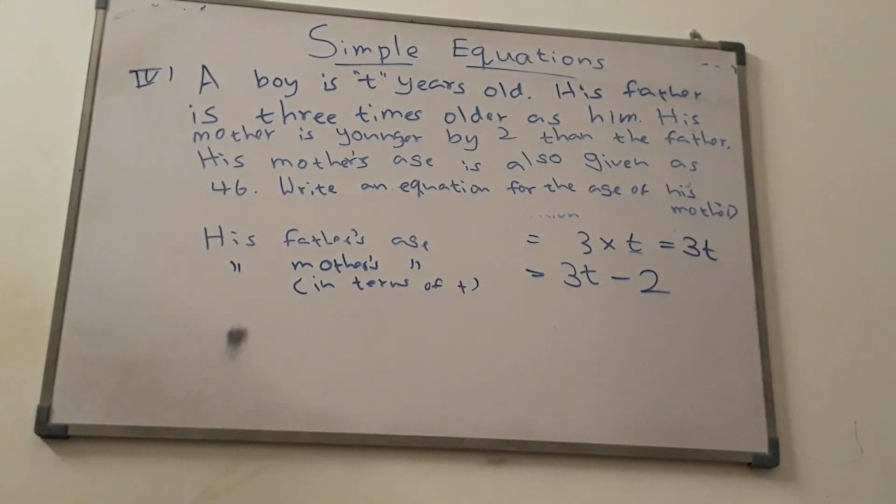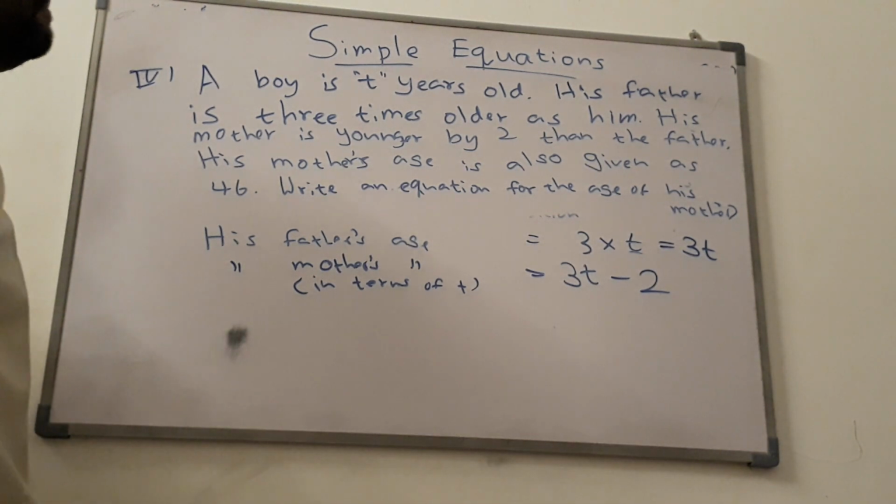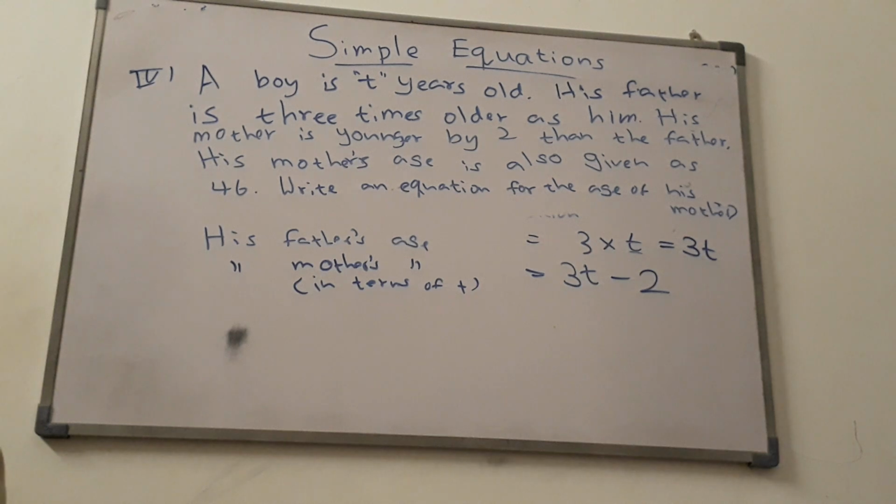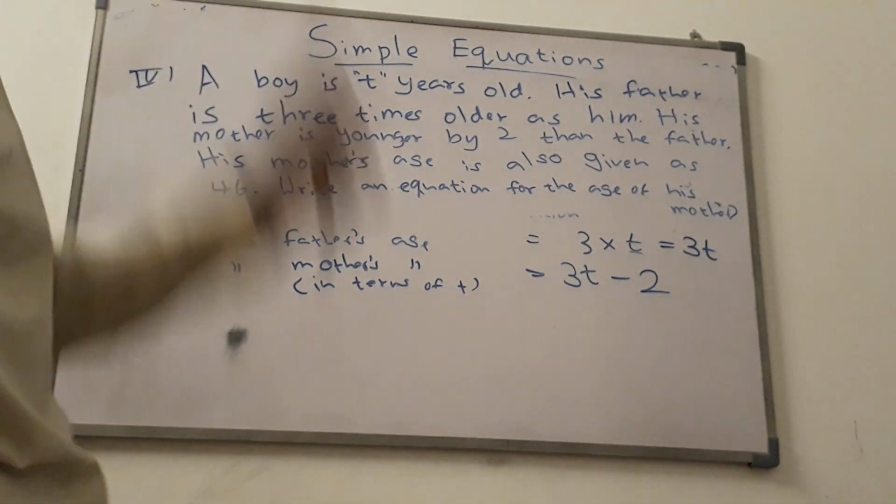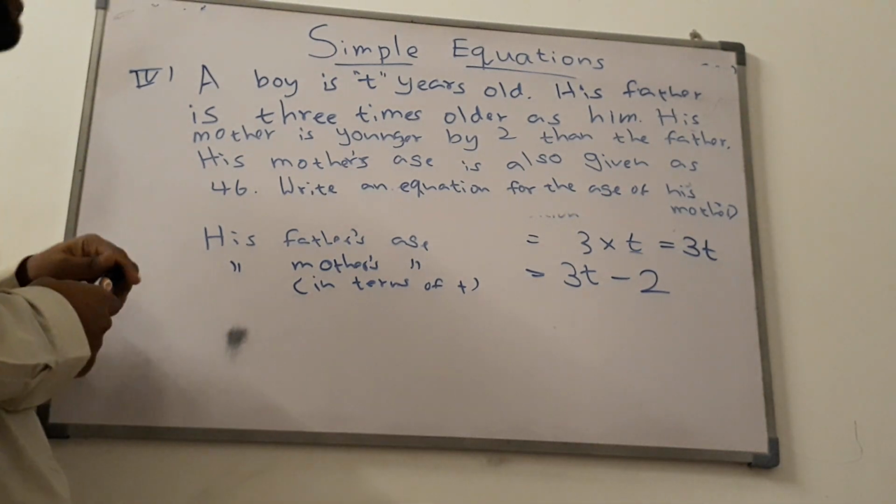Boy's age is t. Father's age is 3 times t, and his mother's age is less by 2 than father's age.